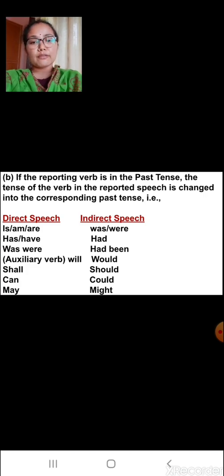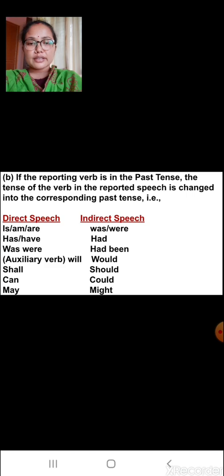If the reporting verb is in the past tense, the tense of the verb in the reported speech is changed into the corresponding past tense. You can see the example here given in the columns. What are the words that we use in direct speech, and how do they change when we write in indirect speech? Let us see.